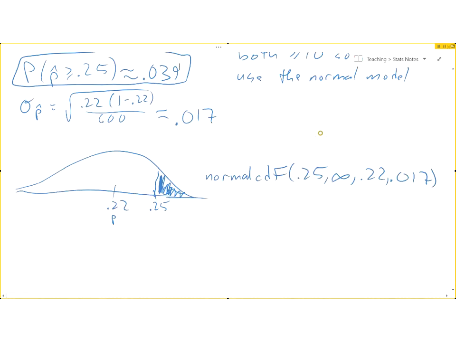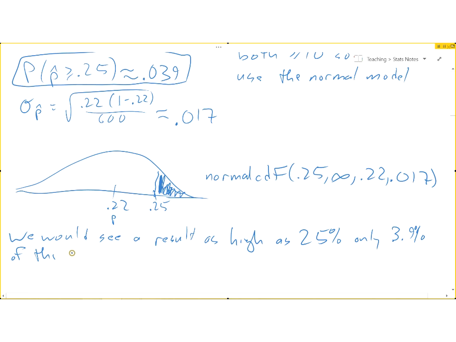Okay, so what we could say as a conclusion here is we would see a sample proportion as high as 25% only 3.9% of the time by chance if the population proportion is 22%.